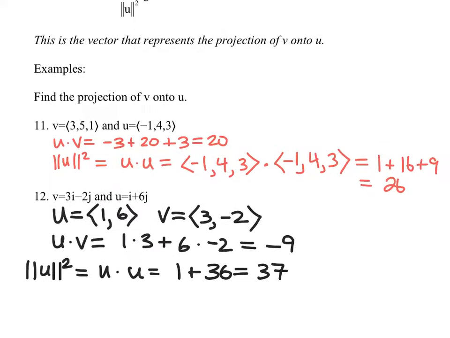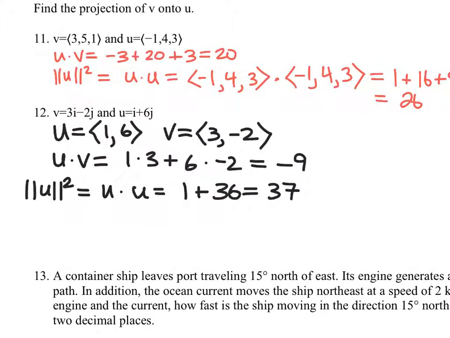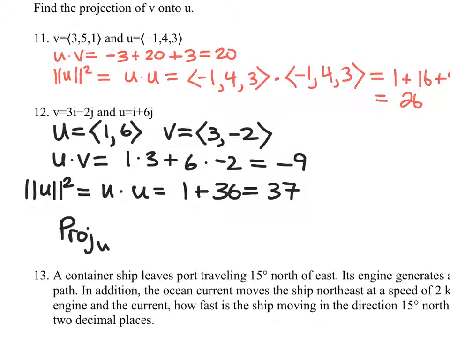All right, so if we go back to our formula, we're taking that quotient and multiplying it by vector u. Once you have those two calculations, there's really nothing to it, because the projection of v upon u is going to be negative 9/37 times vector u, which in this case is 1, 6.